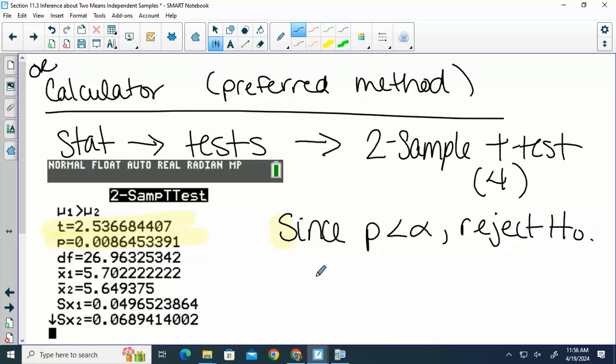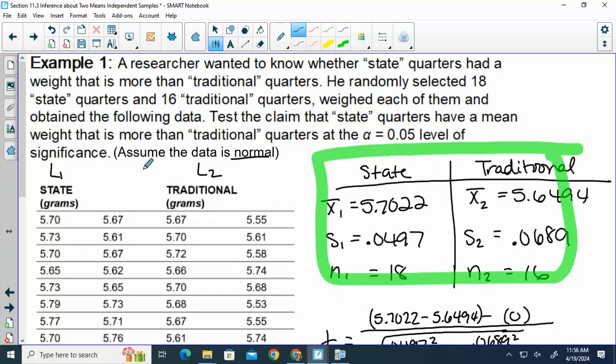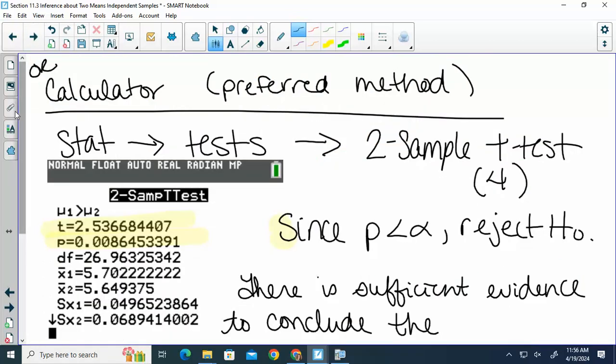If I ask you to write a sentence, what does that mean to reject the null hypothesis? What were we trying to conclude? That state quarters weigh more than traditional quarters?